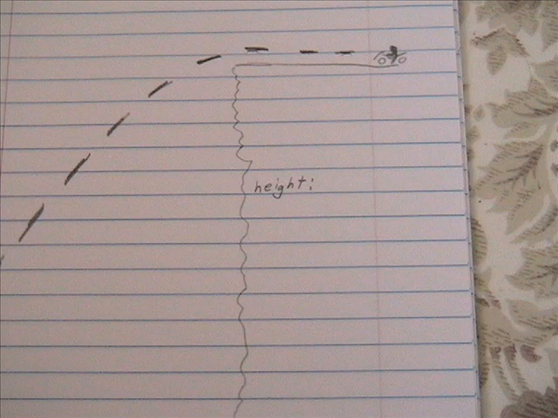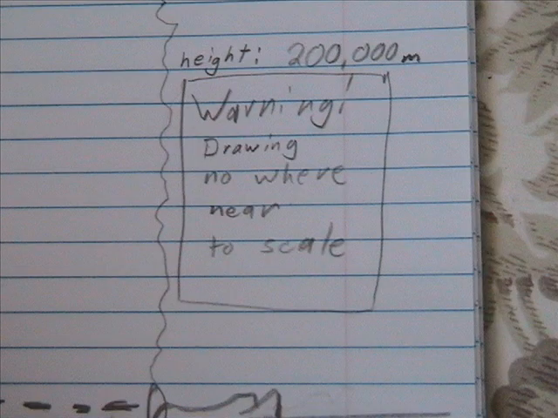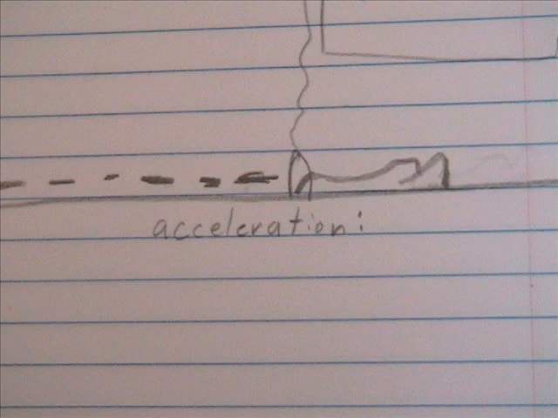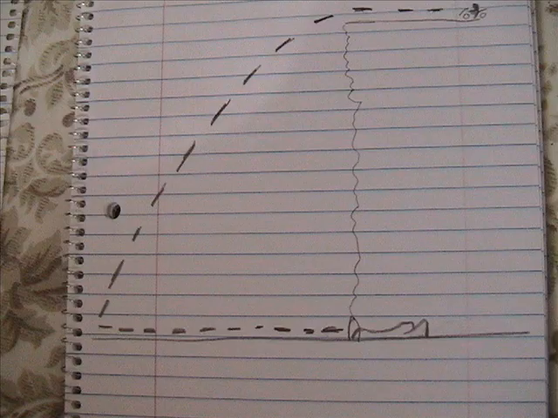The height of the cliff is 200,000 meters high. Warning, drawing not to scale. The acceleration of the Batmobile is 1,000 meters per second squared.